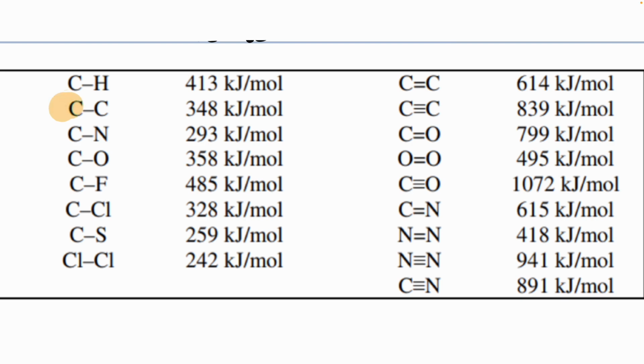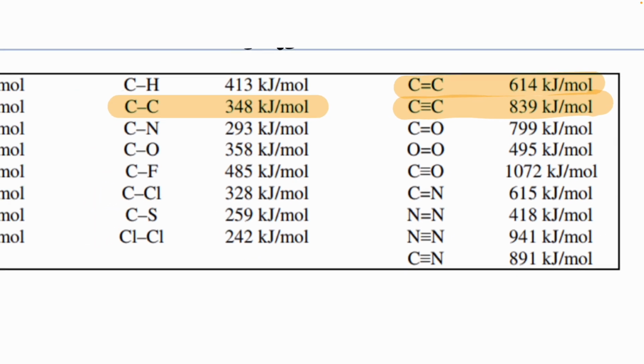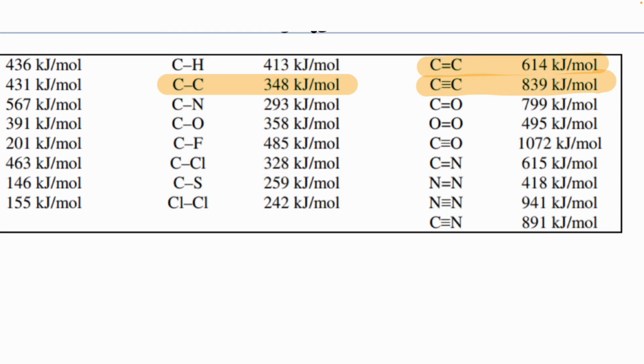Let's look specifically at a carbon-carbon single bond compared to a carbon-carbon double bond compared to a carbon-carbon triple bond. Okay? So, which one of these is going to require more energy to break? A single bond, double bond, or triple bond? Triple bond, and that is always the case, right? Triple bonds are stronger than double bonds, which are stronger than single bonds.